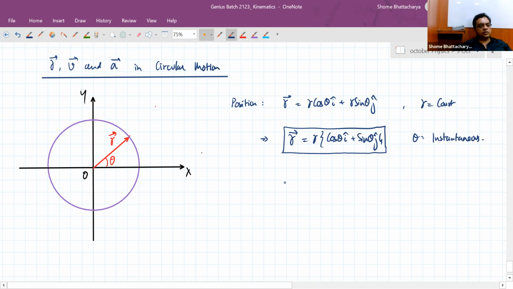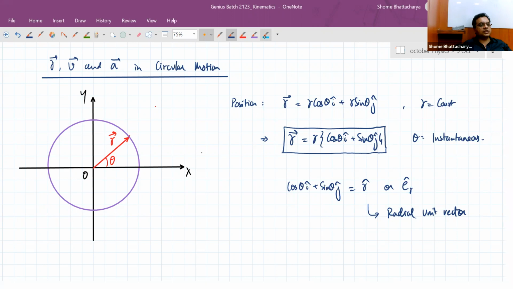Okay, so now this quantity, cos theta i cap plus sin theta j cap, is given a special name. It is called the radial unit vector. Depending on the reference you are using, it can be denoted with the symbol r cap or also with the symbol e r cap, but this is called the radial unit vector because it points along the radial direction.